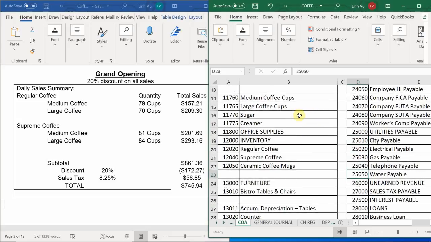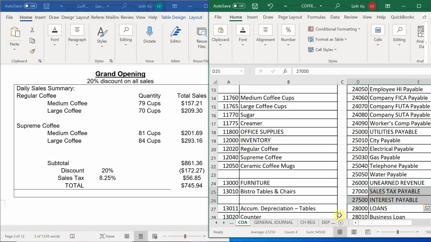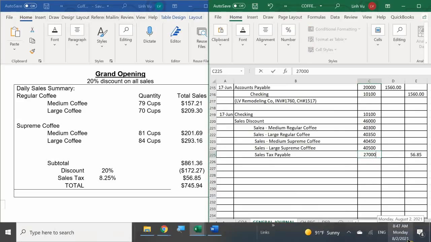It is a liability. So in this case, account number is 27,000. Okay. So now let's go ahead and fill this information in one at a time.